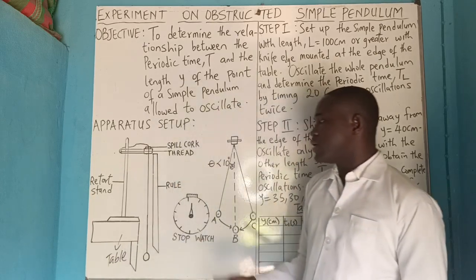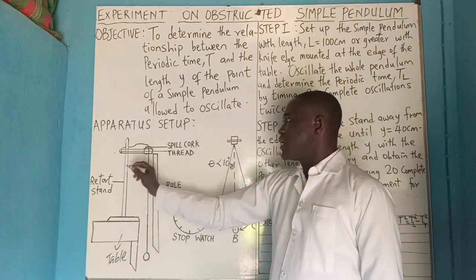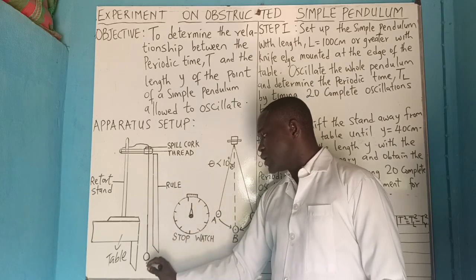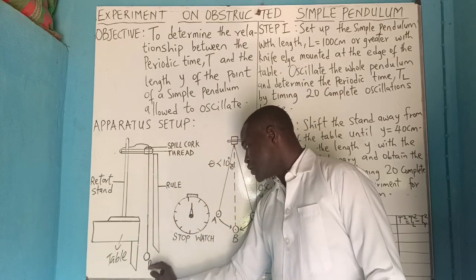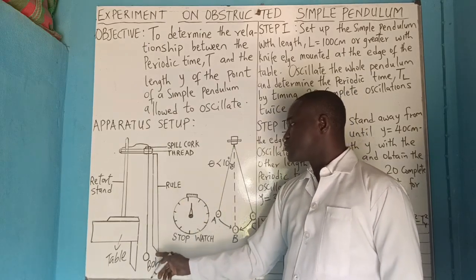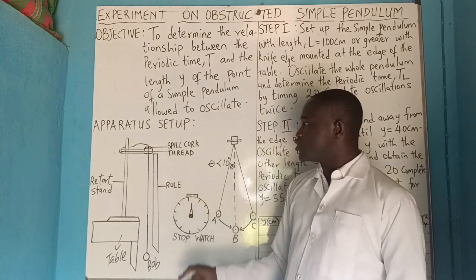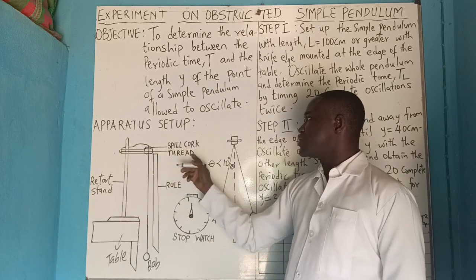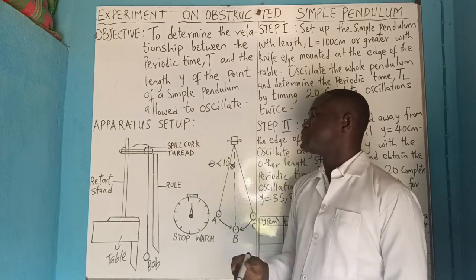A table or desk. Then look at the thread holding the pendulum bulb. This is the bulb. Look at the meter rule you will use to take your measurement. Look at the thread. Look at the split cork.